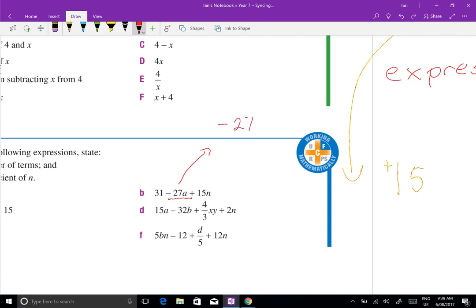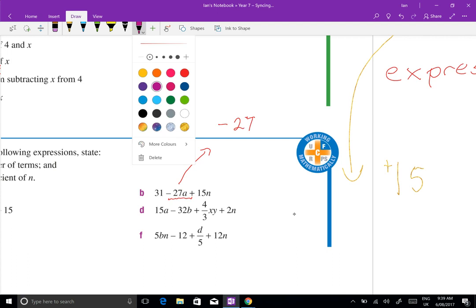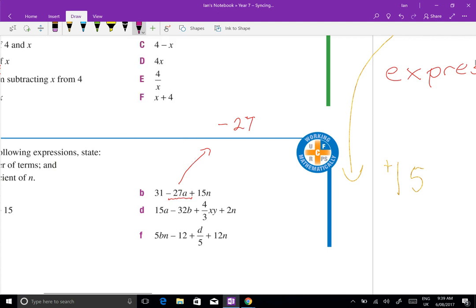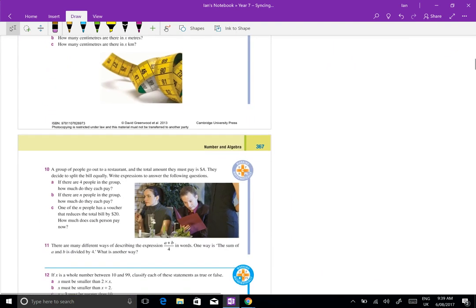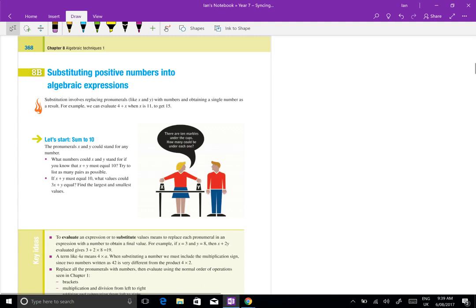You need to see that the term doesn't include that plus, negative 27A. So the coefficient of A is negative 27. All right, let's go down and have a look at what we do when we do substitution.